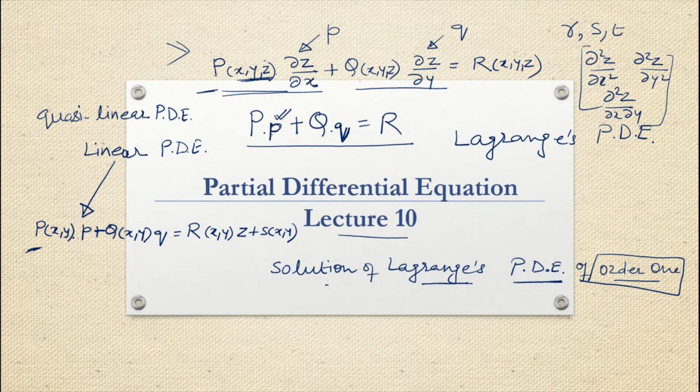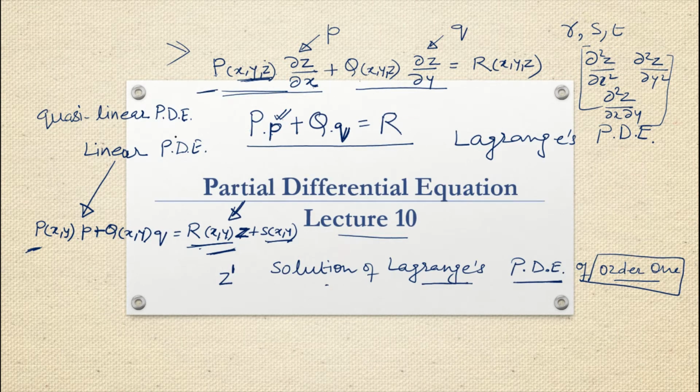Here you won't find a z term. Even in the right hand side, there is a function of x, y multiplied with z, and another term which is a function of x, y. So the main difference is that on the right hand side the function of x and y multiplies only z. That means the power of z will always be 1 in your linear partial differential equation.